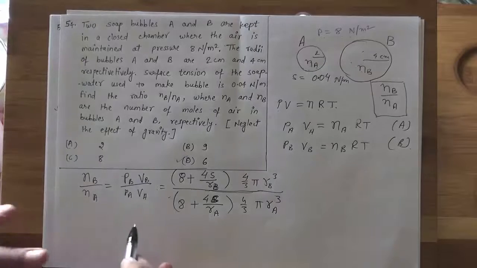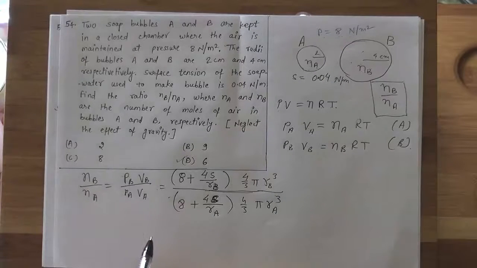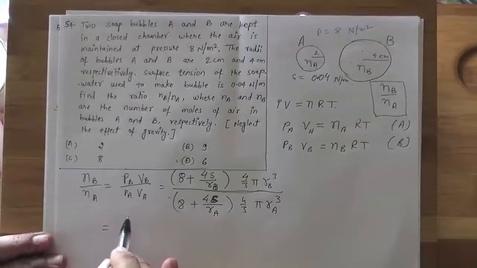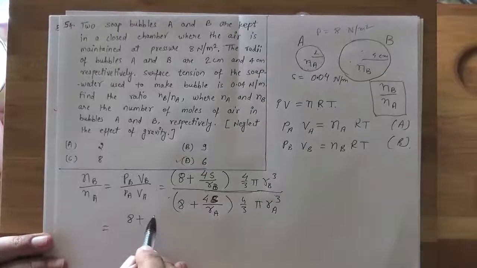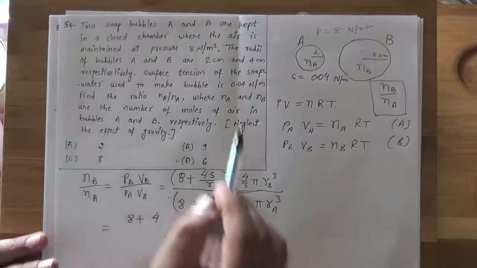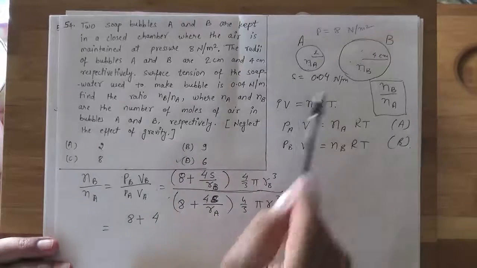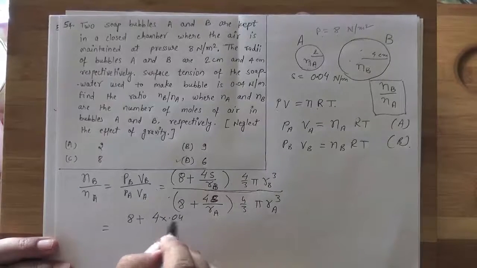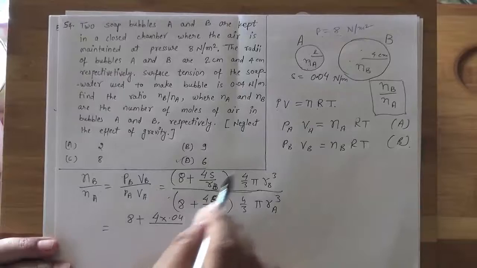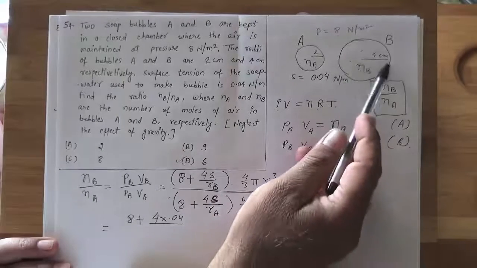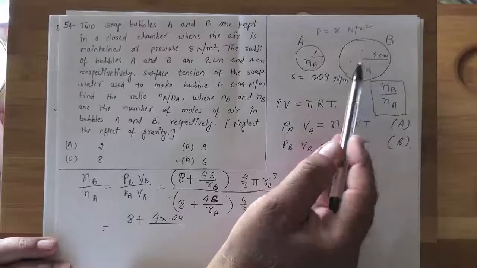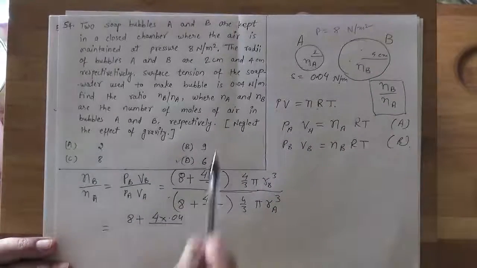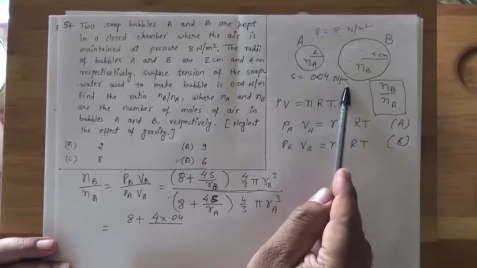Okay, do we have the figures? Answer is yes, we have the data. And it is 8 plus 4 into S. S is given to us, 0.04. 4 into 0.04 to be divided by radius of B. Radius of B is 4 centimeter, and mind it, we are taking S as Newton per meter.